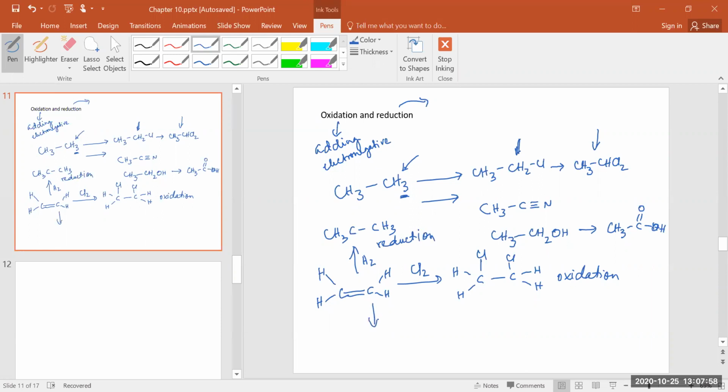Now suppose you add HCl. What will happen? One H will be added, another Cl will be added. Chlorine is an electronegative element and hydrogen is an electropositive element. Both electropositive and electronegative elements are added, so this one is neither oxidation nor reduction.